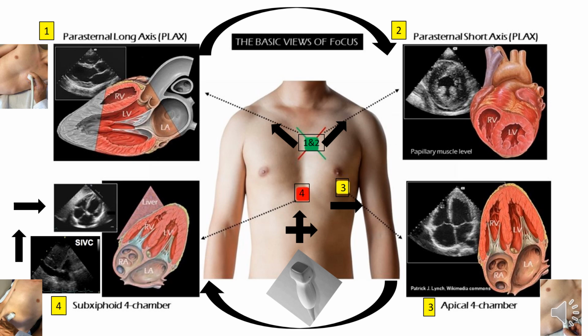Short axis view, all through the view, anteriorly or posteriorly, laterally, and here apical four-chamber view on the lateral LV wall or lateral RV wall, and then an important view on guidance of subcostal drainage of effusion is the subcostal view. We get an echolucent space between the heart and the liver border.